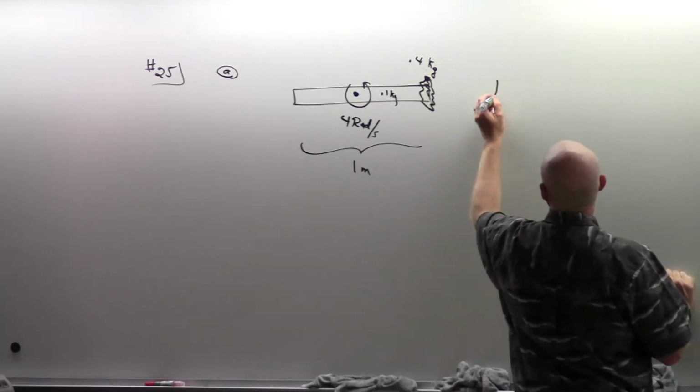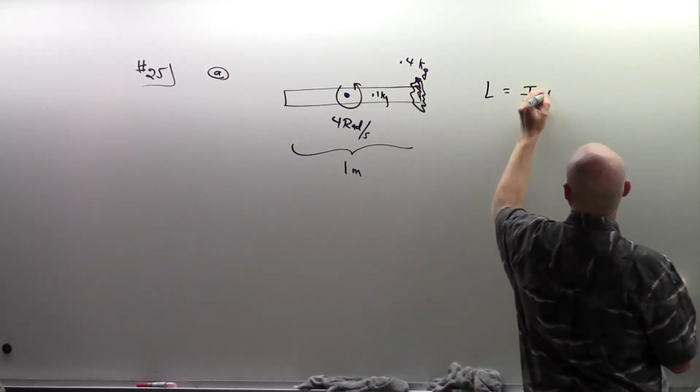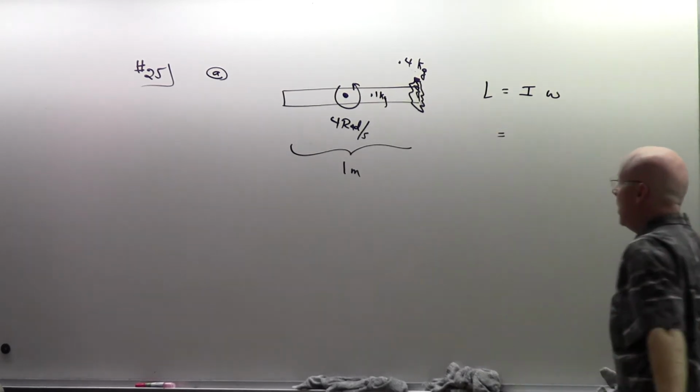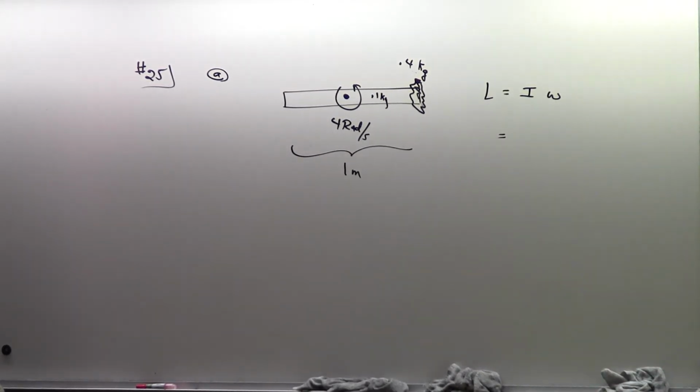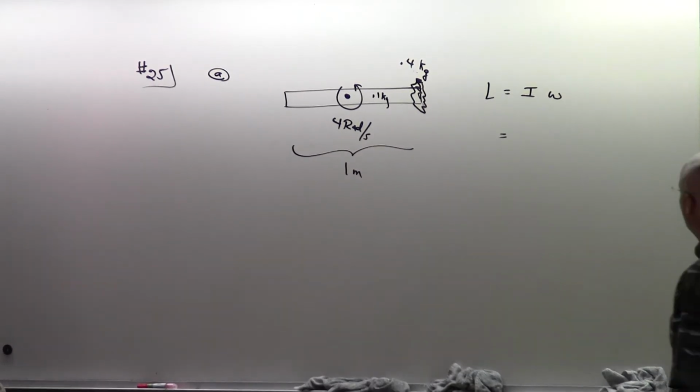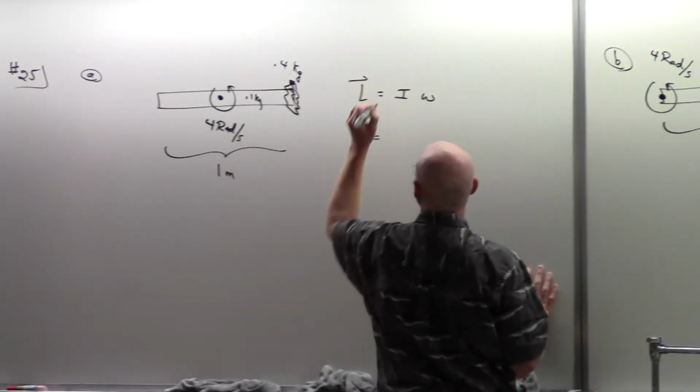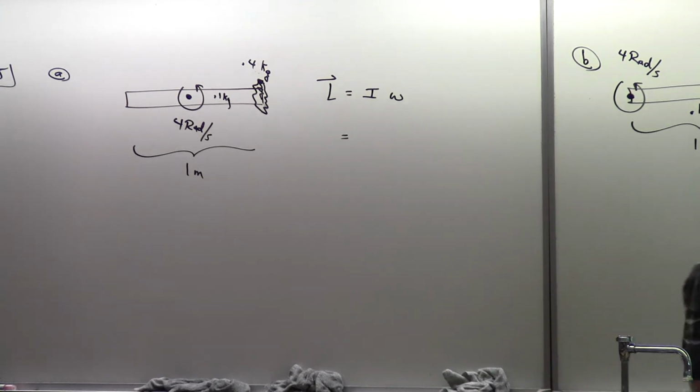But here's why I picked this one. Let's just calculate the magnitude of the angular momentum. I won't do direction. Well, maybe since I put direction up here, I will also do direction. Why not? But they didn't tell me whether it was rotating clockwise or counterclockwise. So that's kind of my choosing.